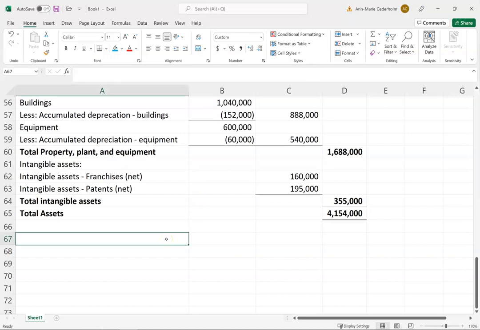So I'm going to list my liabilities first, and I'll do it in liquidity order. So I'll start with my current liabilities.